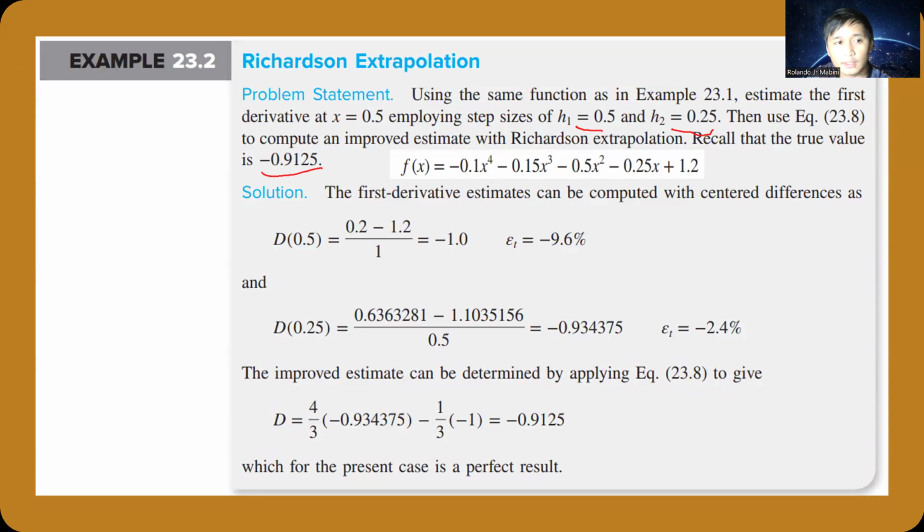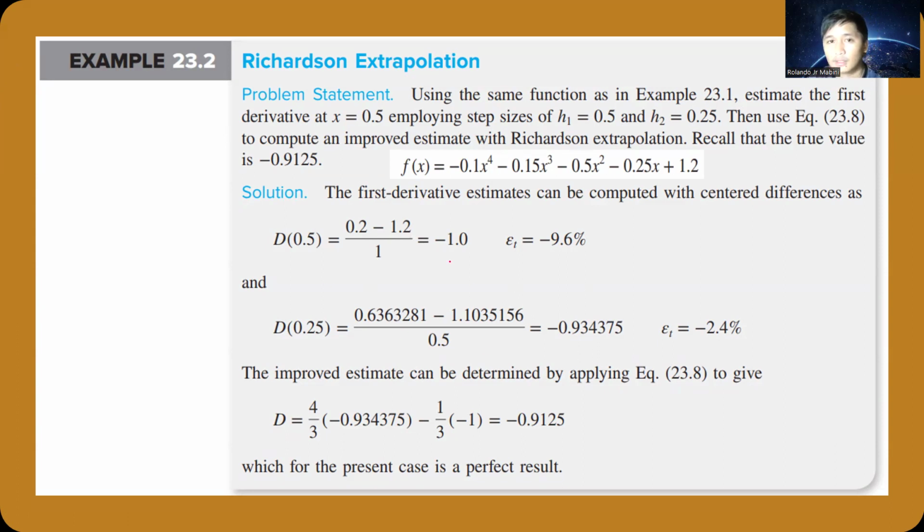So this was calculated in example 23.1. Solution: the first derivative estimates can be computed with the center difference.